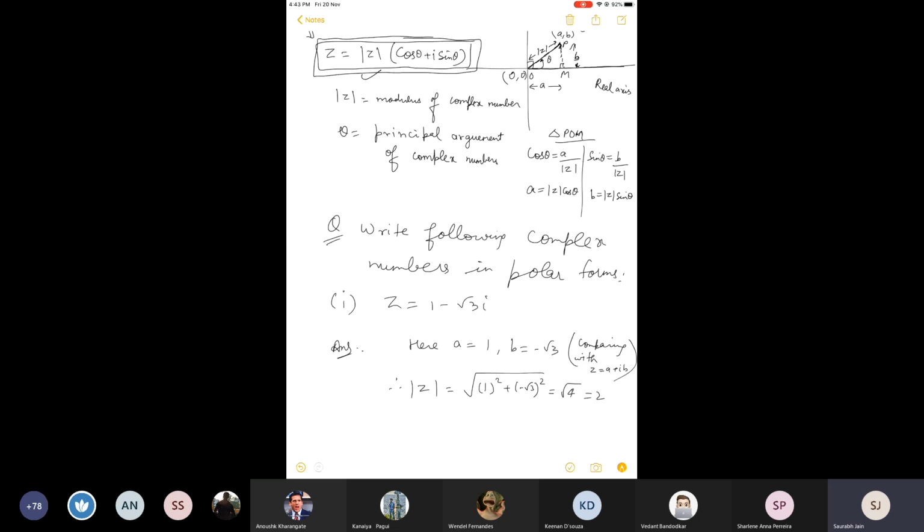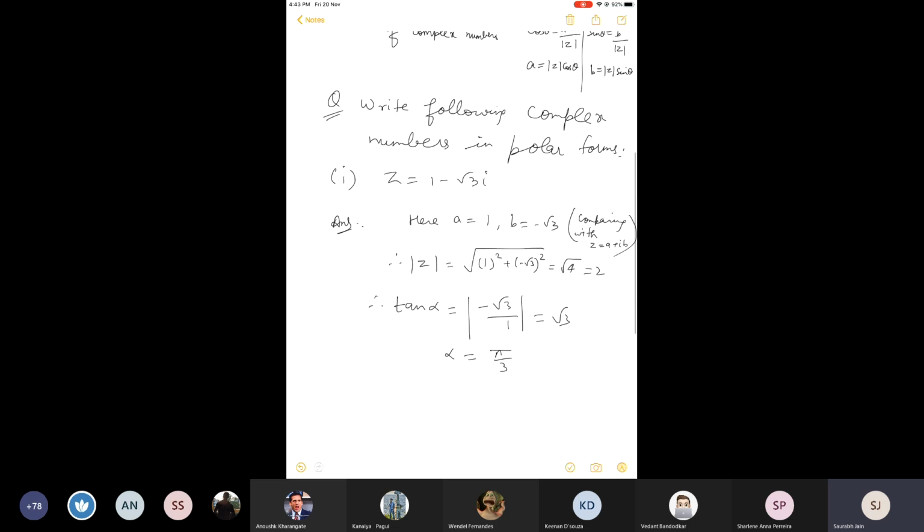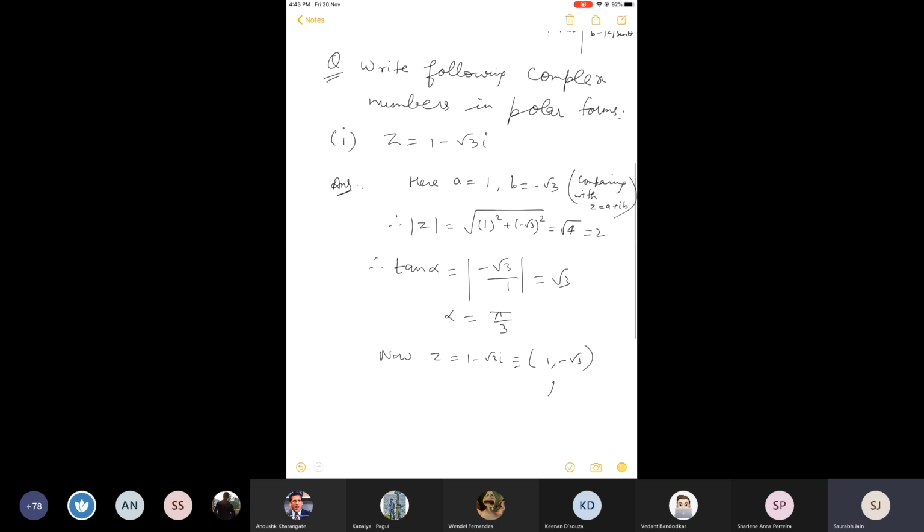Then let us find tan alpha. Tan alpha is mod b by a, that is root 3. From here we will find the acute angle, which is 60 degree or pi by 3 radian. Now z equals 1 minus root 3 iota, which is actually the point 1 comma minus root 3. It is in which quadrant?